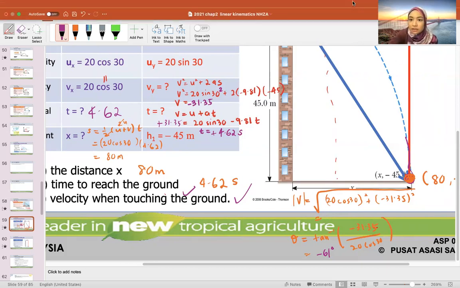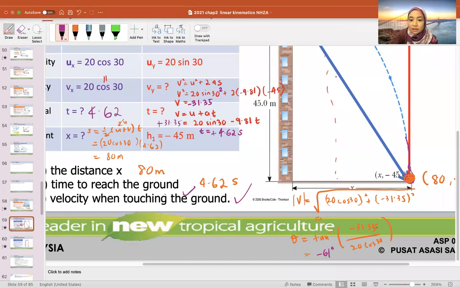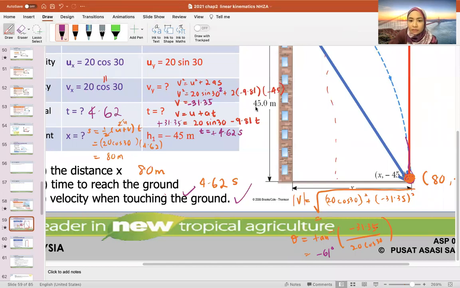Okay, we have a check here. 16.39. Okay, Syaki said he made a mistake because he didn't put the power of 2. Okay, noted. 16.39. That is the magnitude. So the velocity when touching the ground is 16.39 meters per second.